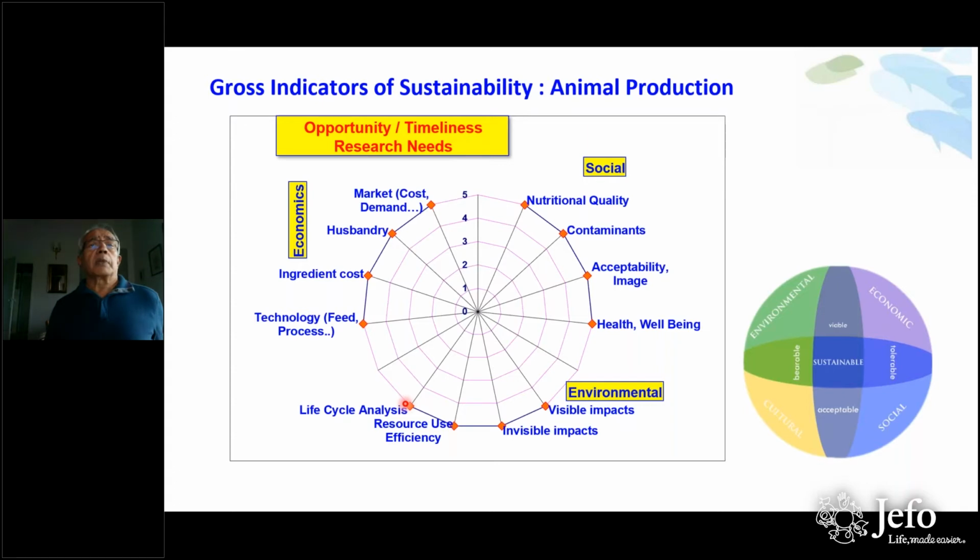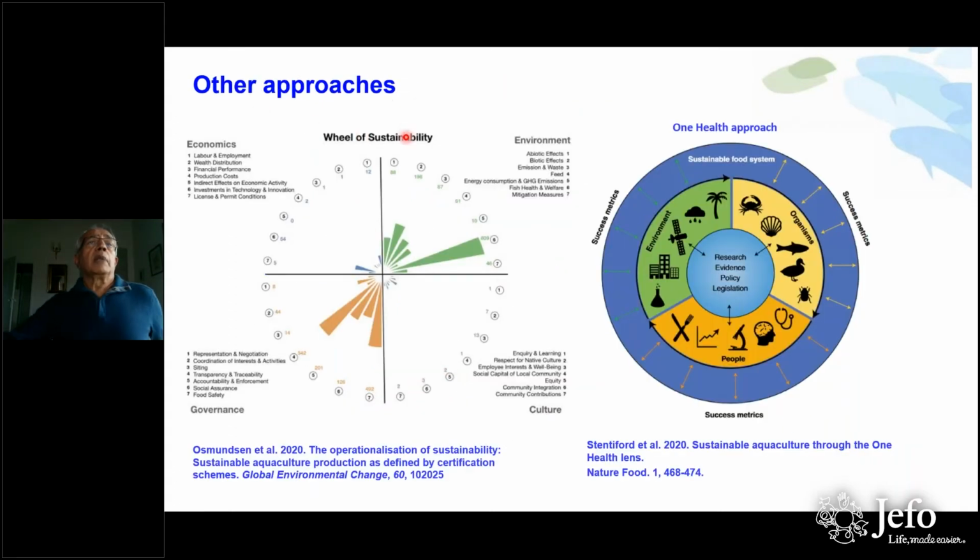New concepts have come in, like the wheel of sustainability, based on what we call the certification schemes. There are a number of certification schemes now, and they are trying to use the same concepts of life cycle analysis or the sustainability issues, taking into account economics, environment, culture, the society, and governance, that's the management. And another one, which is very recently developed in the UK, is called the One Health approach.